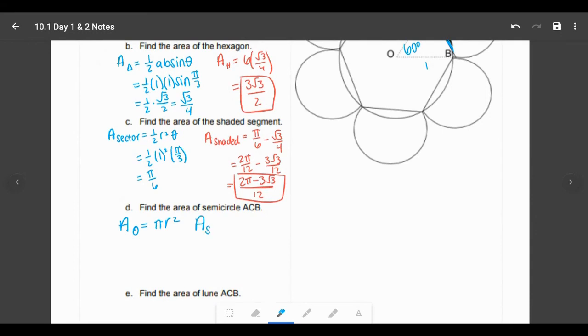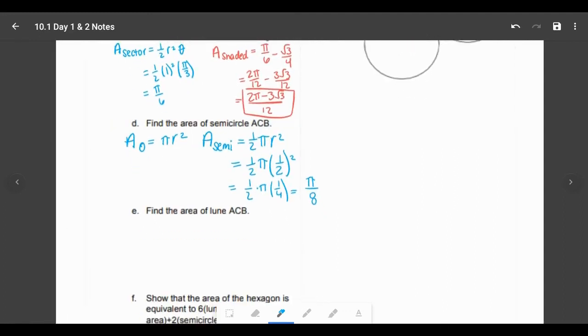So the area of my semicircle should be 1/2 pi r squared. And we just talked about how my radius is going to be 1/2. And so when I simplify this, I end up getting that the area of my semicircle is pi over 8.